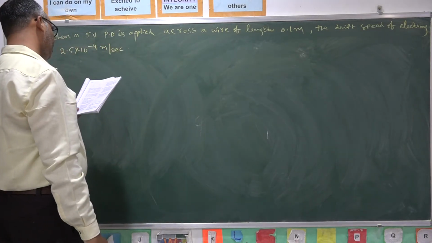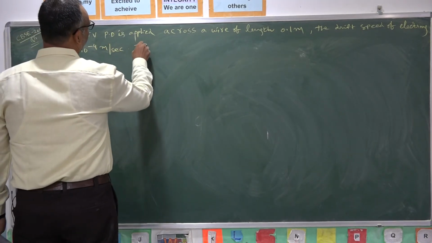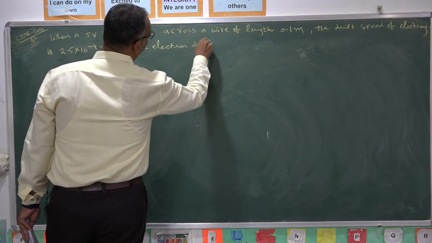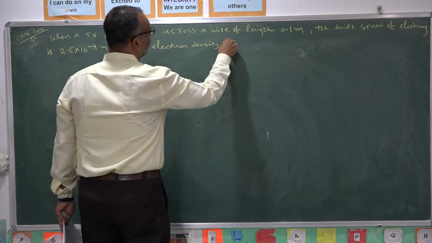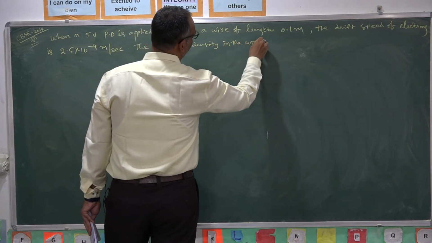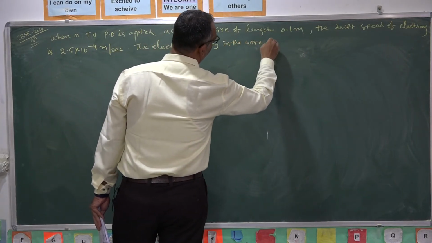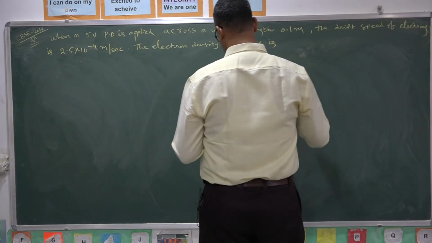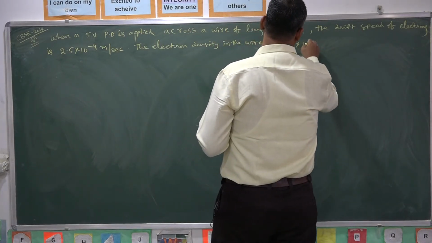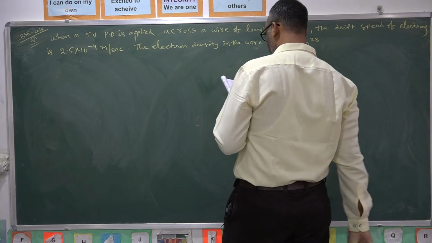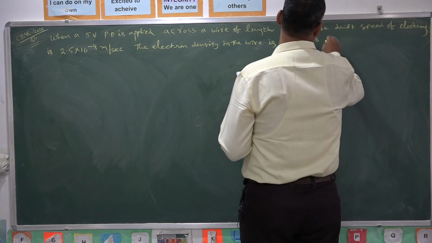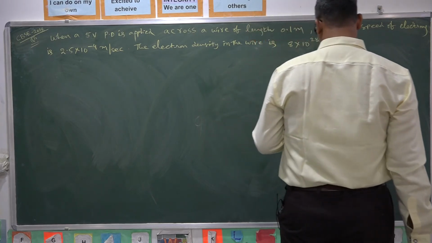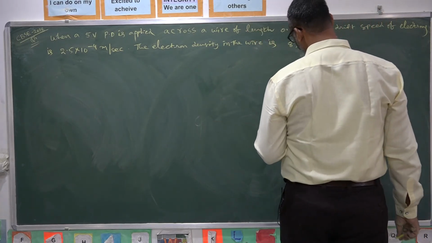The electron density in the wire is 8 into 10 power 28 per meter cube. Calculate the resistivity of the material of the wire.